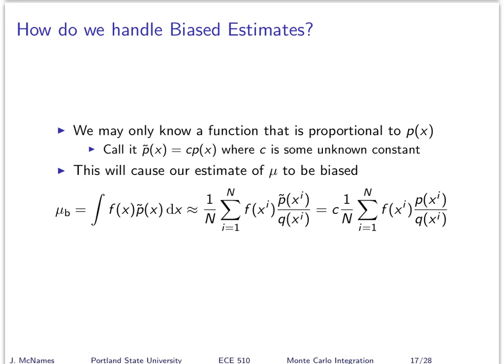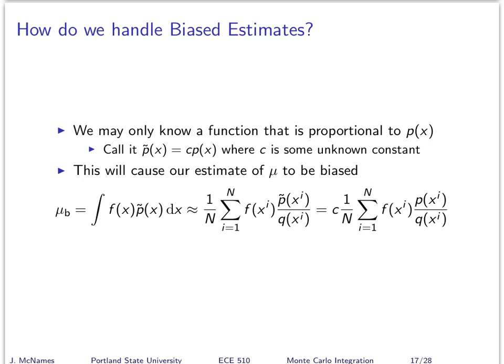And to make matters worse, the p of x that we've been talking about is something that I said we could evaluate at any value of x. It's going to turn out that what we can evaluate is something that's proportional to p of x, but isn't truly p of x.